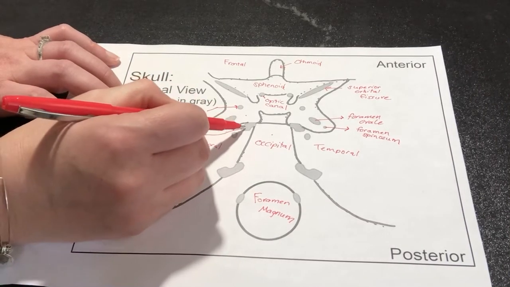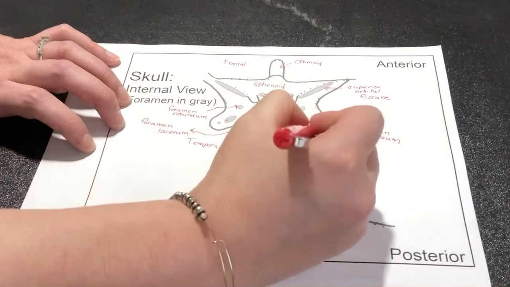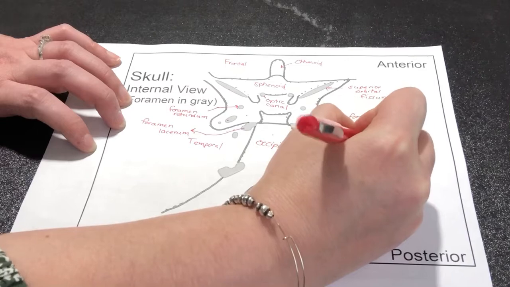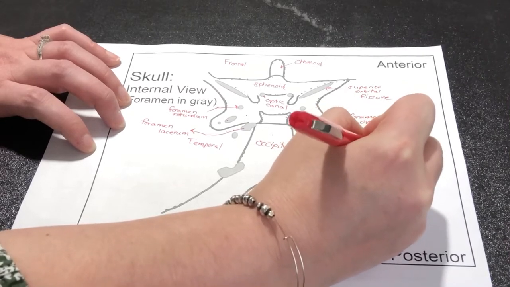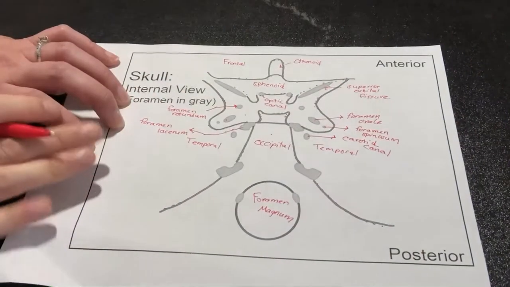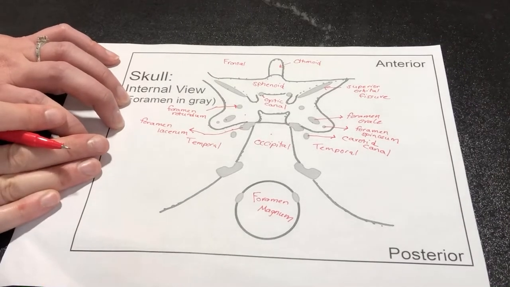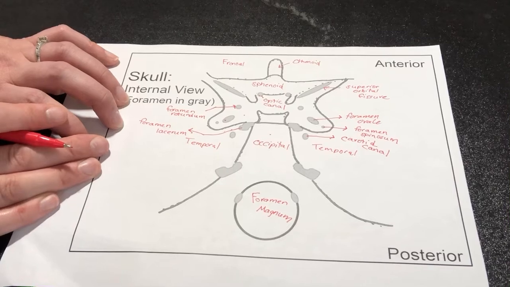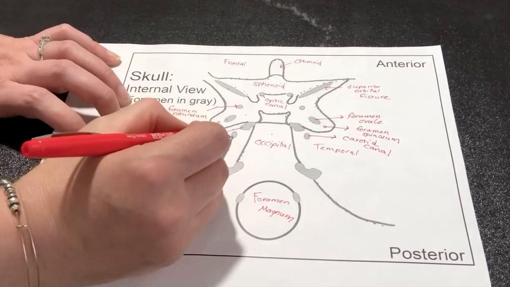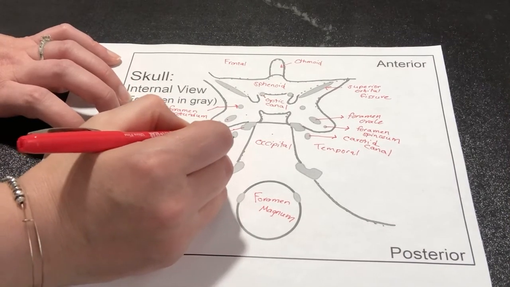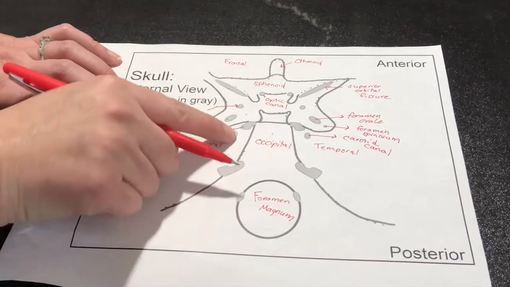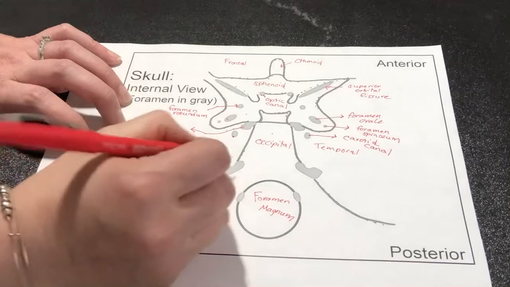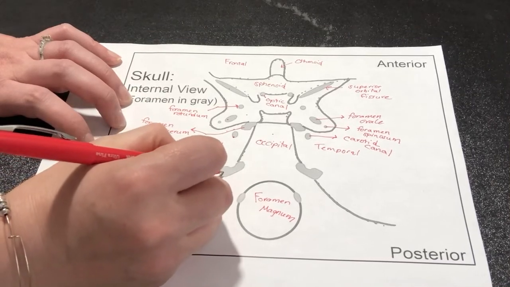Posterior and a little bit lateral to the foramen lacerum, the next opening you see is called the carotid canal. And this allows your internal carotid artery to come up from your neck and provide arterial blood to your brain. So carotid canal on left and right. If you look directly posterior between the temporal and occipital bones, you'll see our second junctional hole.